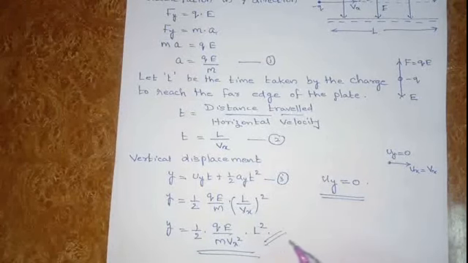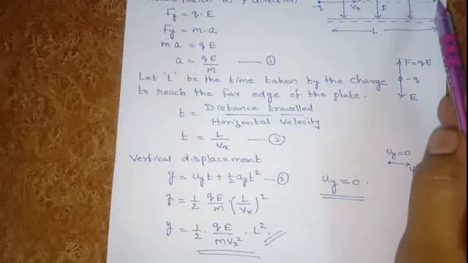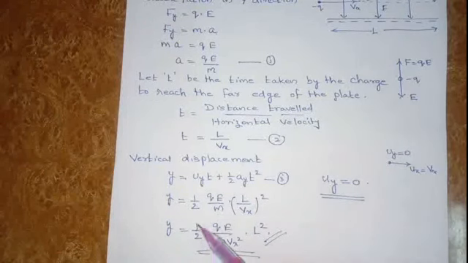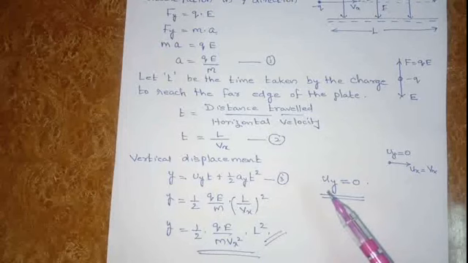So the vertical displacement at the far end of the plate is y is equal to half times qE by m Vx square into L square. This situation is similar to horizontal projectile motion that we studied last year. So you can compare this particular situation with the horizontal projection.